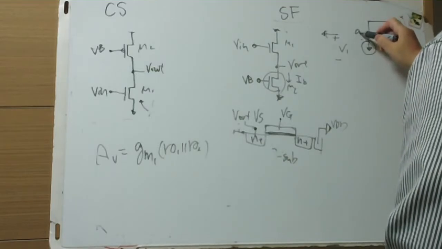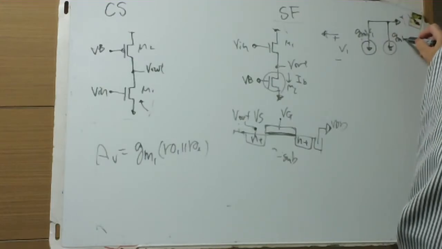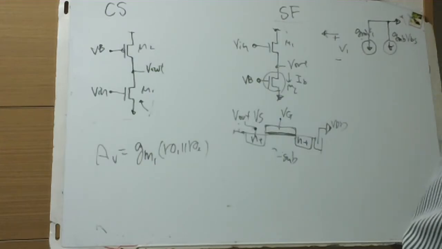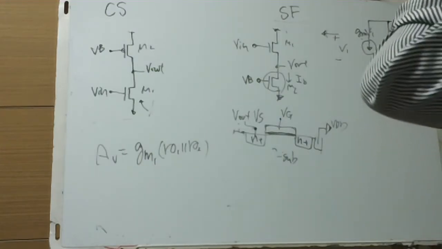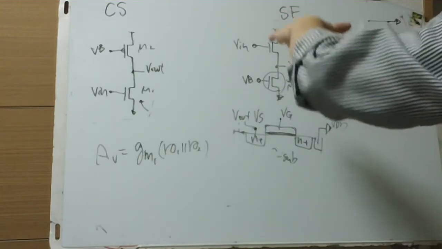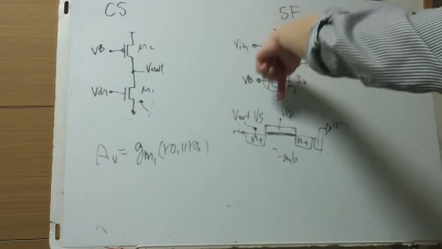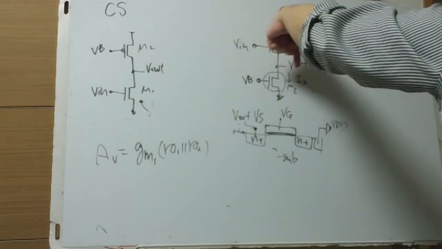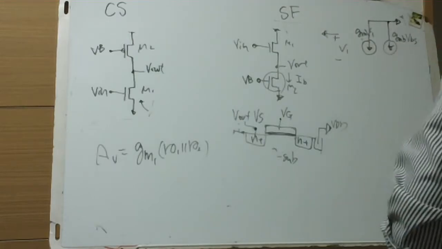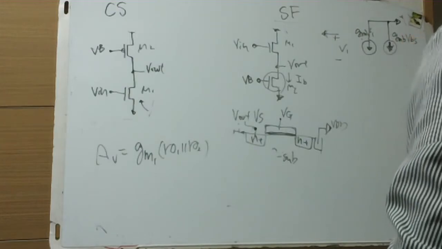This is gm V1 and this is gmb VBS. If the back gate is higher than the source, the threshold decreases and the current is added, so this direction is right.